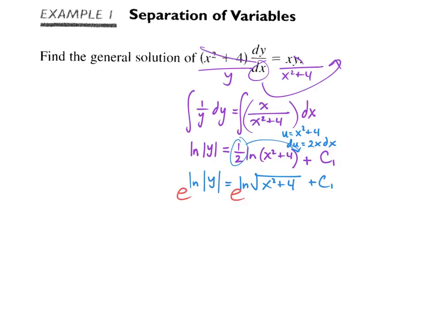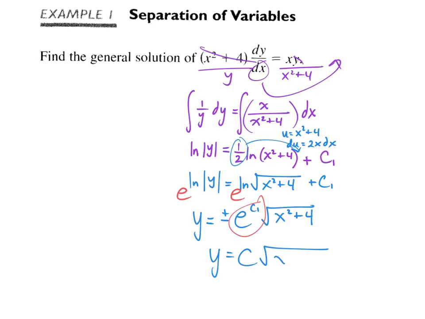That's going to give me y is equal to plus or minus e to the c1 times the square root of x squared plus 4, right? And this again is a c, it's a constant. So I could say y is equal to c square root of x squared plus 4.